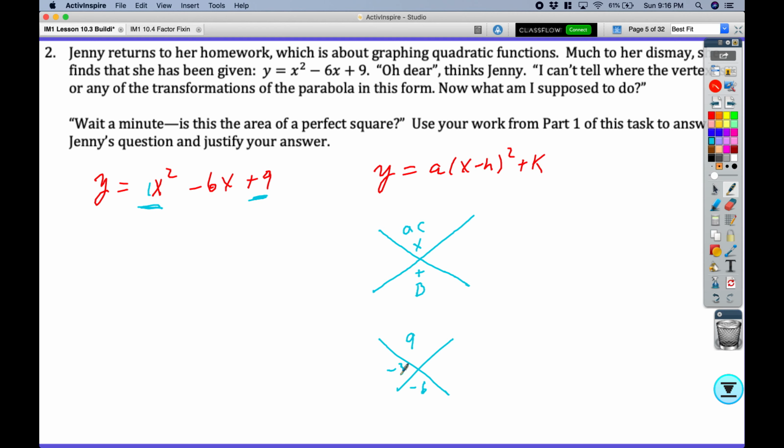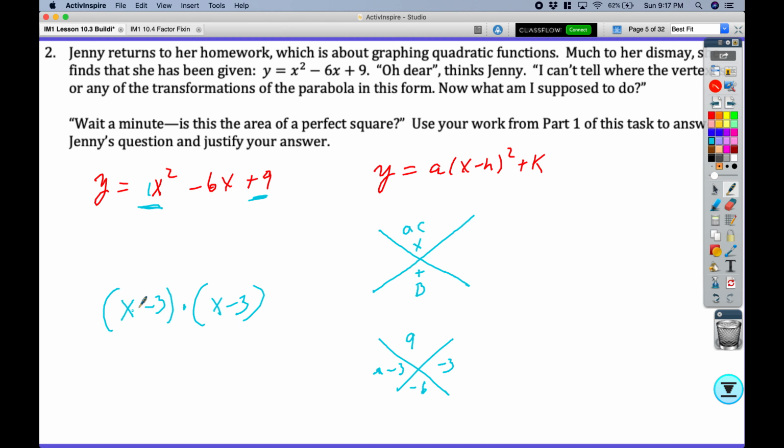And you're like, yeah, negative 3 times negative 3. And we're going to go over all this. I'm just going to show you a quick way on how to convert this. And you'd say, oh, okay, my factors here, if I have an a value of 1, would just be x minus 3, that is this value right here, and times x minus 3.